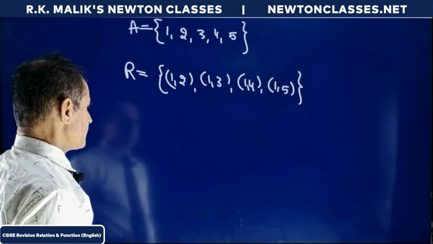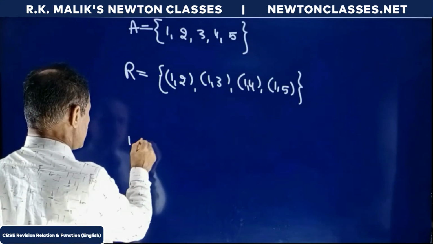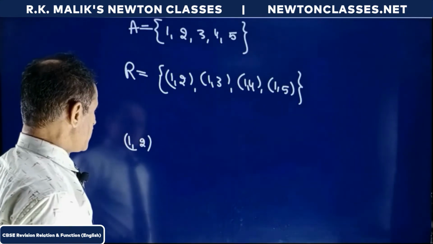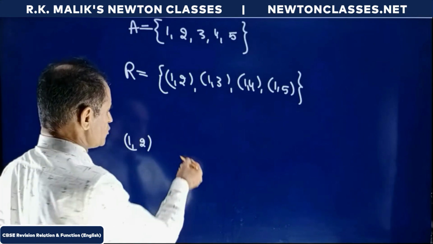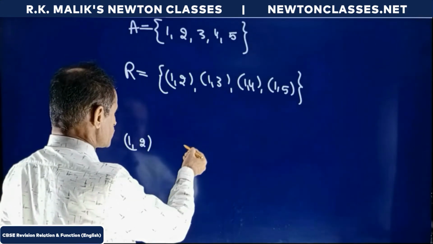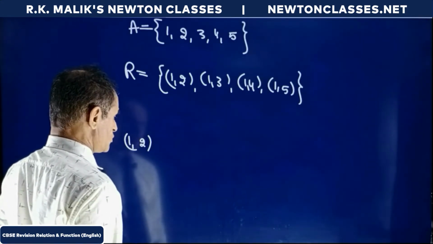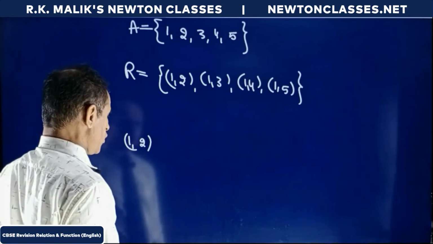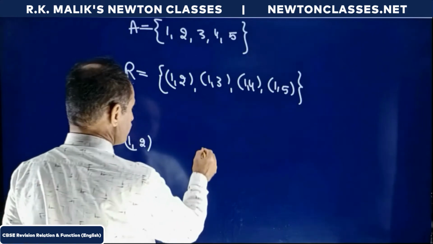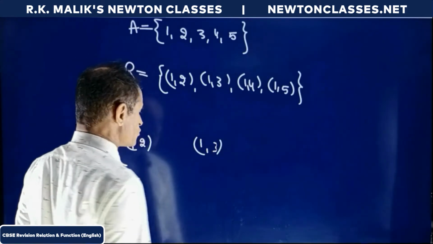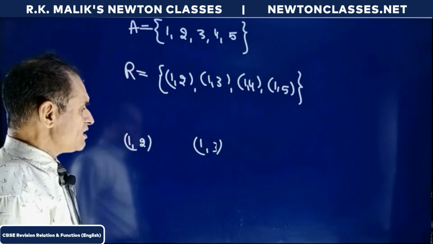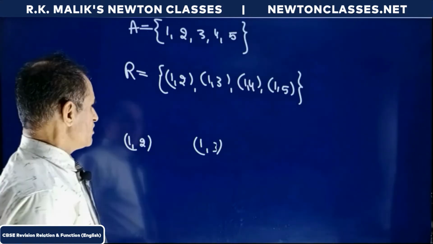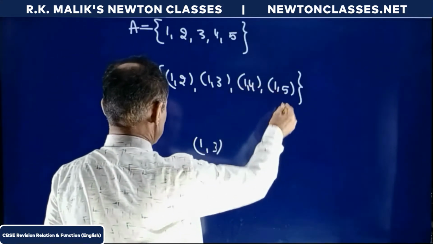For this relation, if I take one ordered pair as (1, 2), there is no ordered pair whose first element is 2. Therefore, (1, 2) cannot combine with any other ordered pair. Similarly, (1, 3) also cannot combine with any other ordered pair. Similarly, (1, 4) and (1, 5).